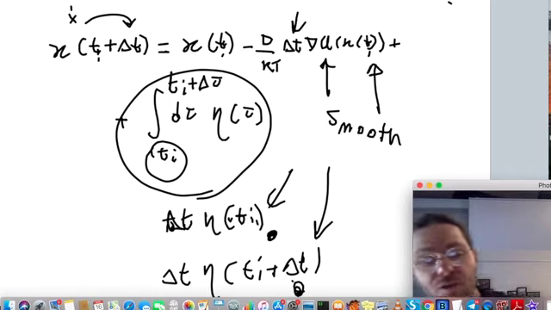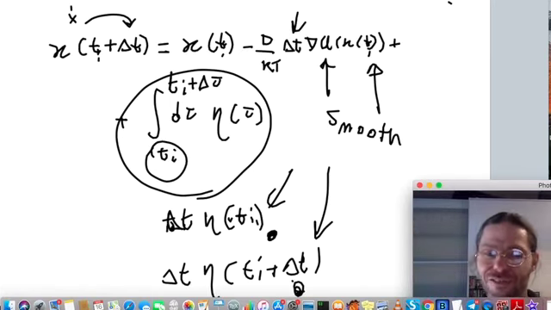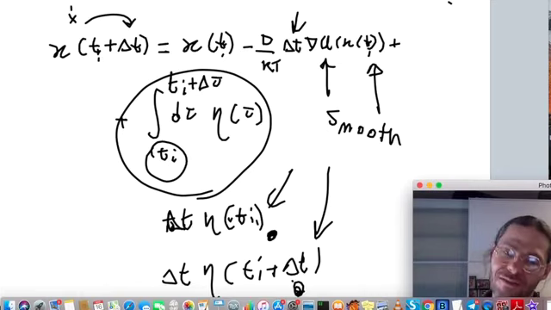And depending on which one you're choosing, you basically are giving a different definition of derivative from the left-hand side. So that's, if you want, the concept of stochastic differentiation. You need to define a rule because it's a differentiation that involves stochastic variables that are delta correlated.